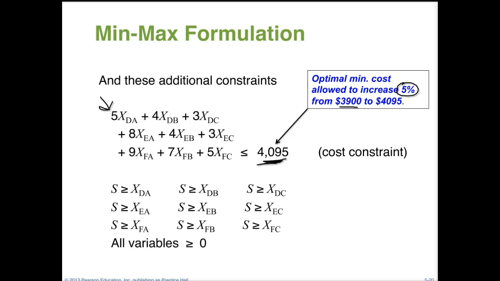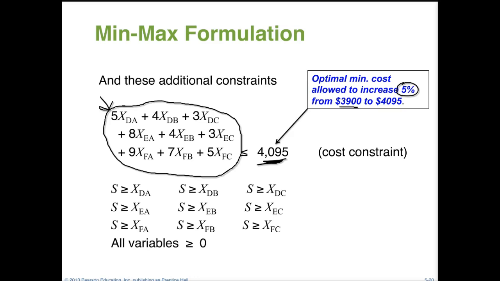Our objective function is still all of this, but in addition, we have an extra constraint that says that what we spend on this has to be $4,095 or less. Okay? So that's what we mean by minimizing the maximum amount of units that can be delivered. So to do that, we have to be flexible on shipping price.